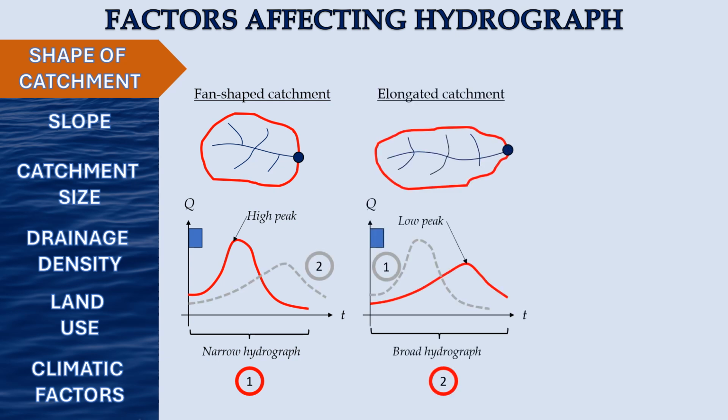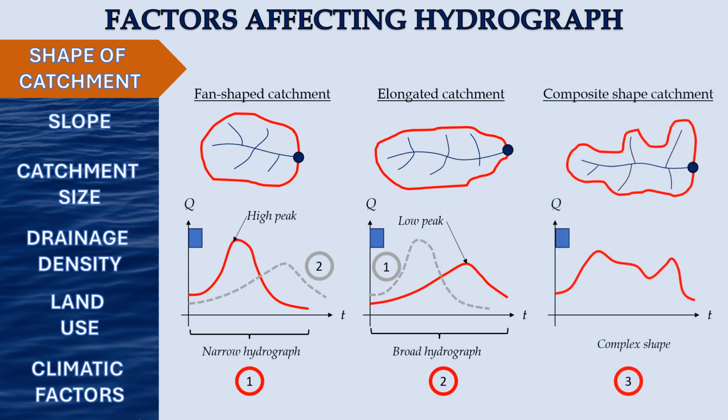As for an elongated catchment, the hydrograph is normally broad with a low peak. The curve is skewed to the right, showing significant time lag when compared to that for a fan-shaped catchment. For a catchment in composite shape, we may obtain a complex hydrograph.